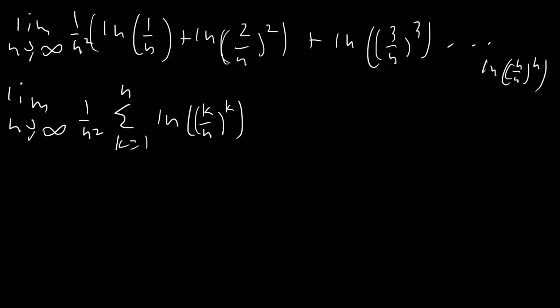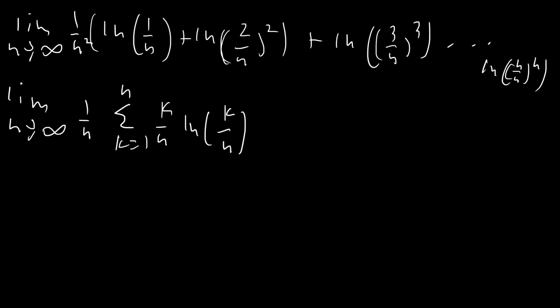And now, since this is a k power, we can just bring this to the front, right, because of the properties of natural log. And so we'll end up with the sum from k equals 1 to n of k ln k over n. And the nice thing we can do here is we can take this 1 over n and bring it inside here. Now we have something only in terms of k over n.